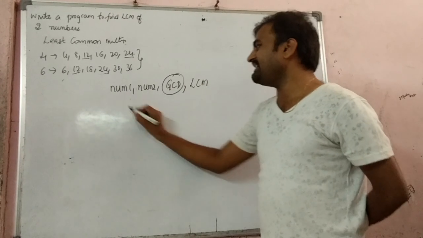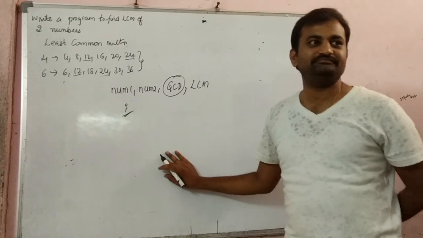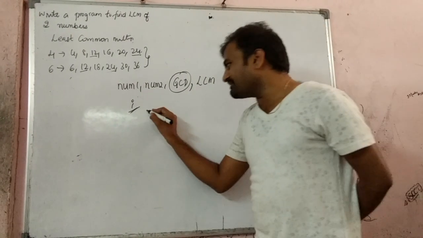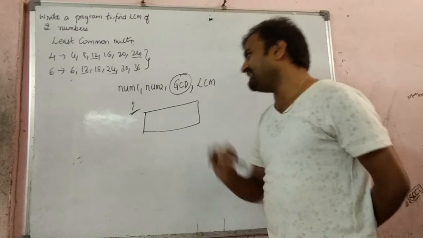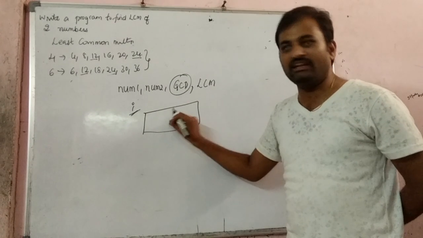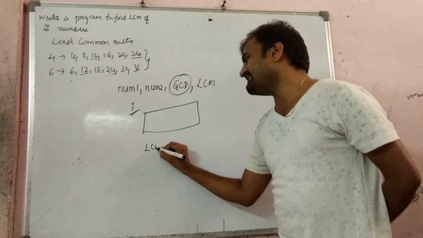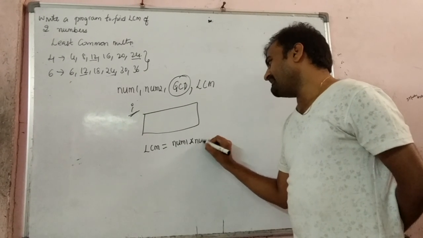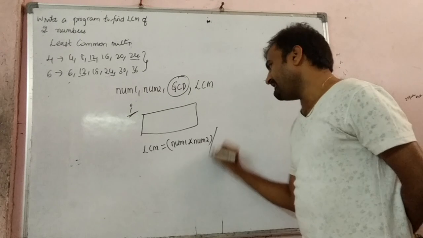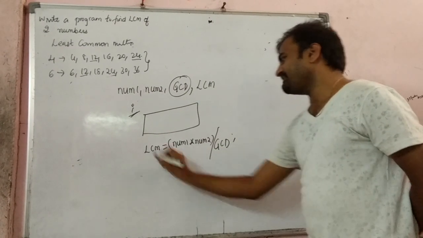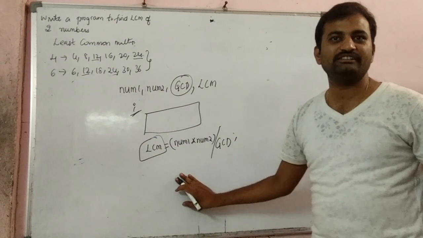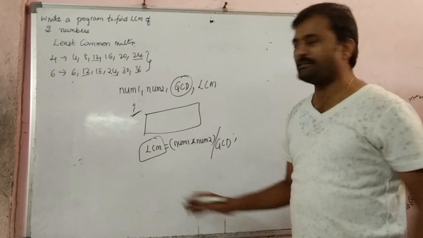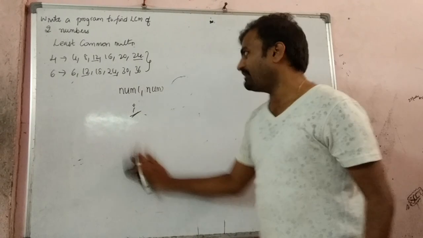As you know how to find a GCD, you write that particular code here, and then LCM is equal to num1 into num2 by GCD. So that gives you the answer for LCM. Shall we write the program now? Yes.